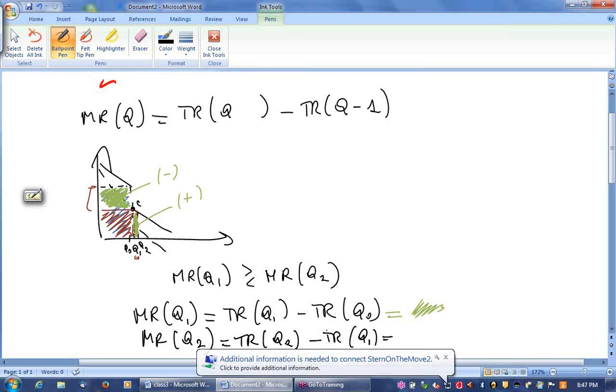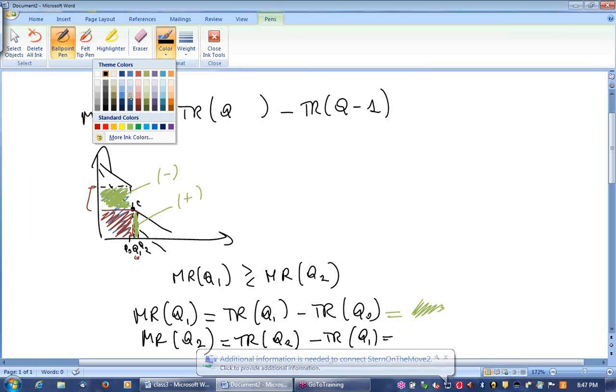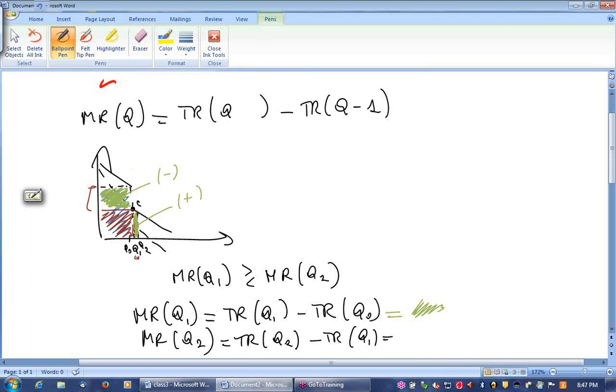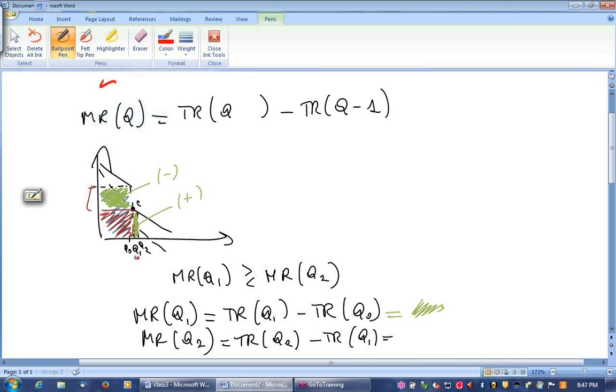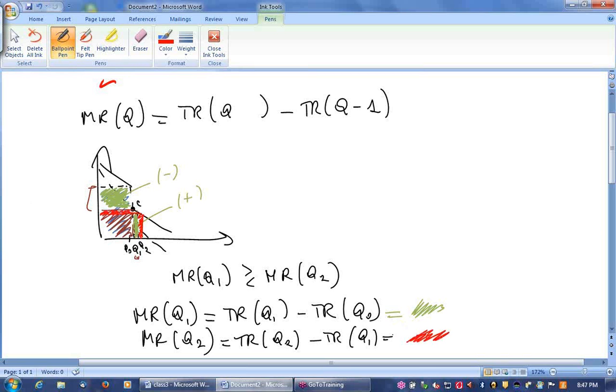Let's see it on the graph. Basically, the price now is going down by this little and the quantity is increasing by this little, right? So here the loss is this part and the gain is this part. So this is our marginal revenue when you sell Q2 units.